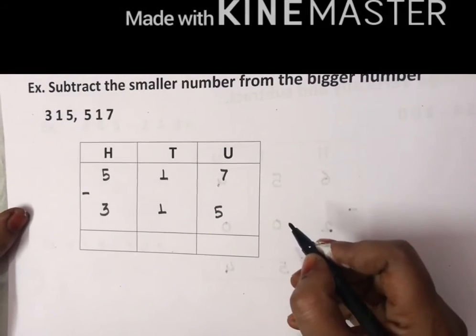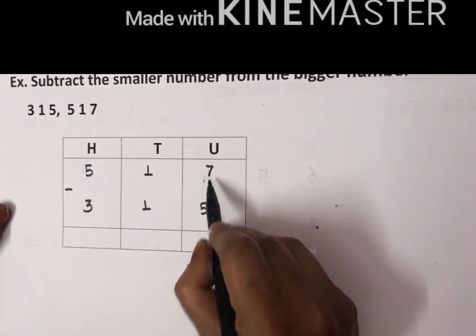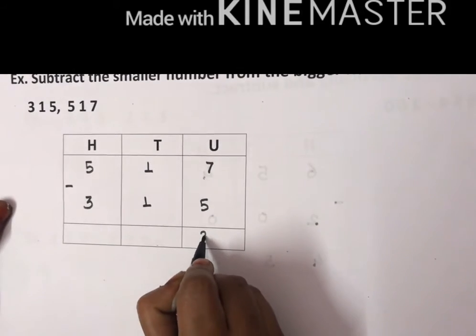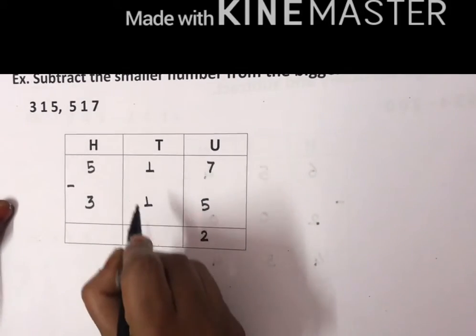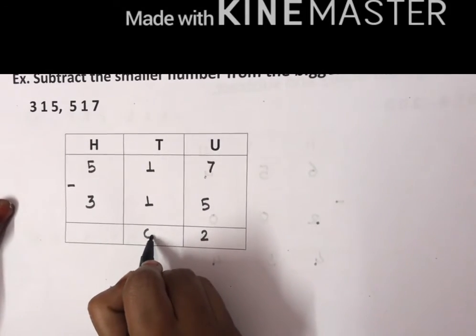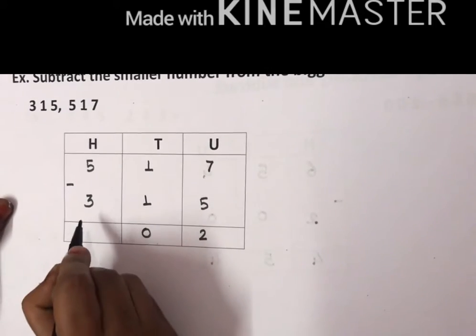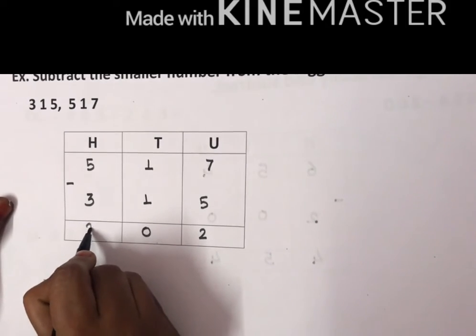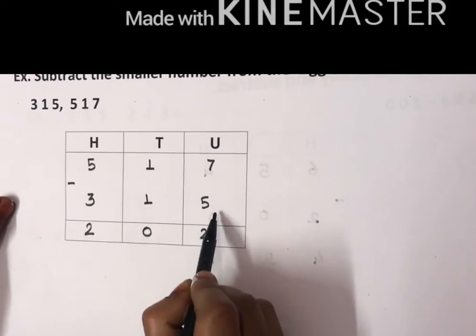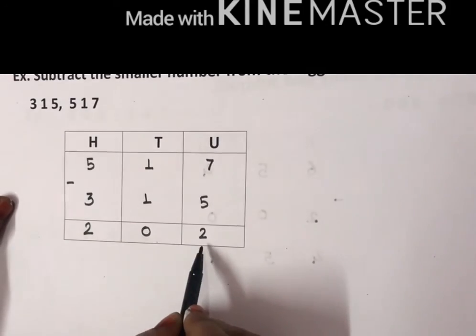Now we will start our subtraction from unit place. 7 minus 5, the answer will come 2. Now 1 minus 1, the answer will come 0, because it is same number subtraction. Then 5 minus 3, the answer will come 2. So when we subtract the smaller number 315 from the bigger number 517, we get the answer 202.